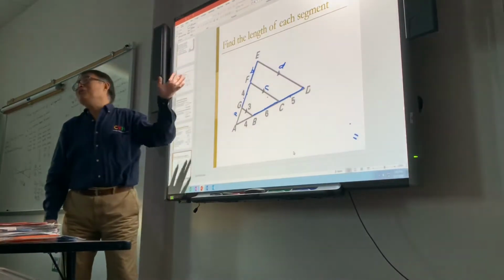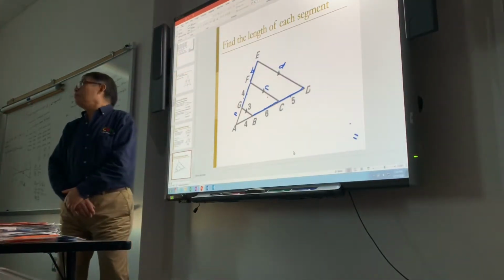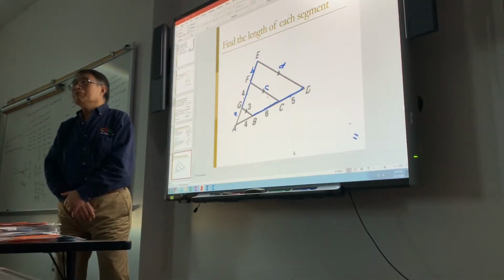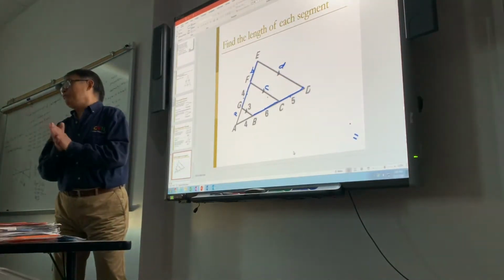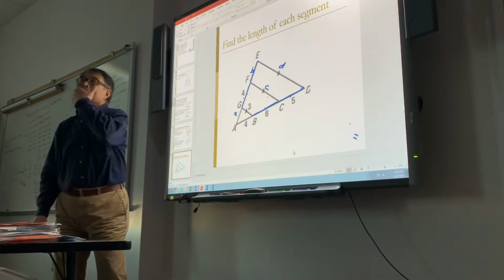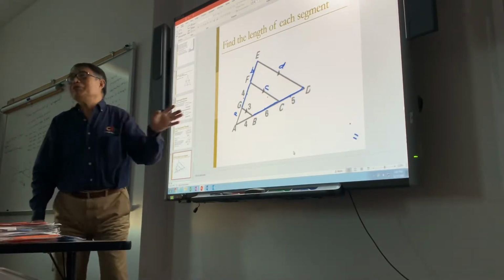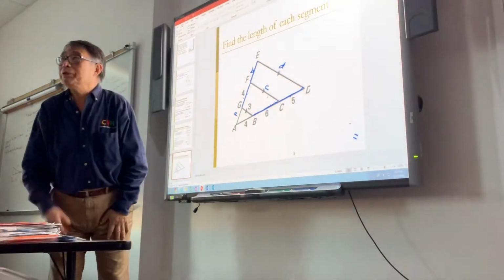Yes. How to find C? Who can tell me, please? We have not learned how to solve it, but we learned how to set up. Can you set up an equation for me? Yes?